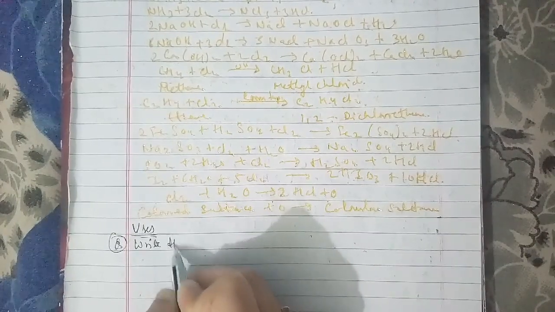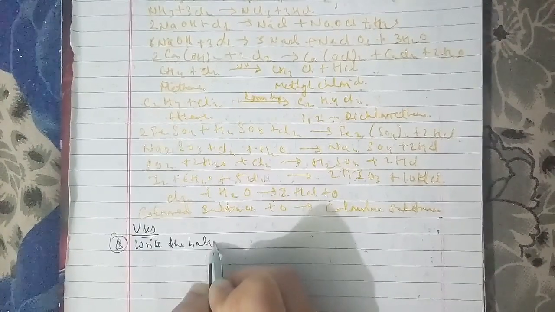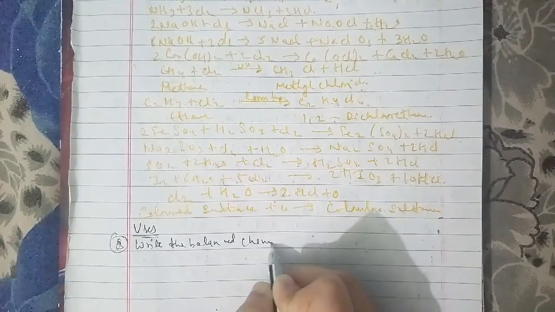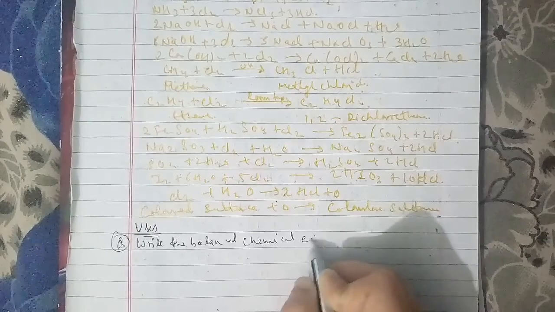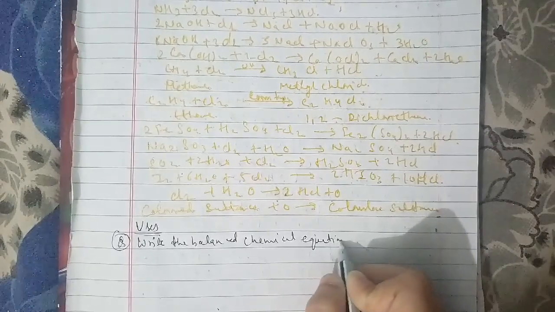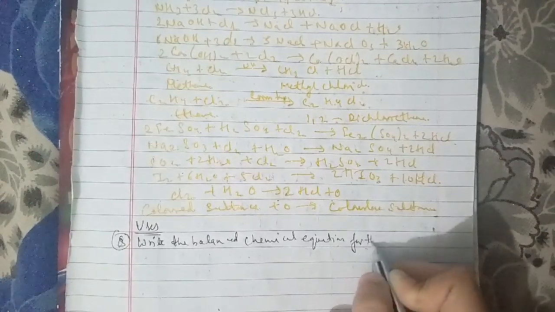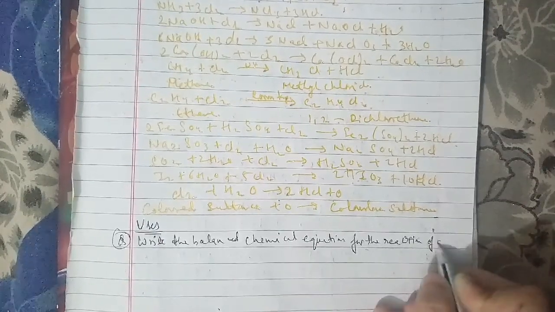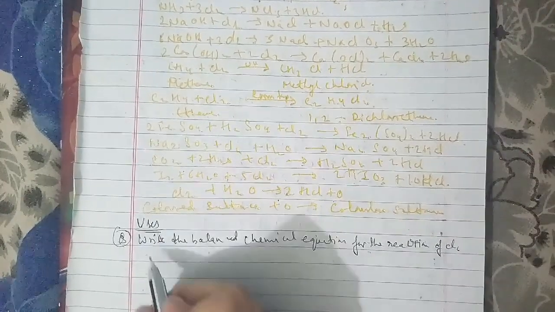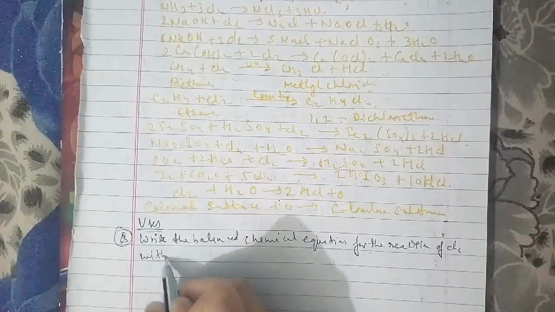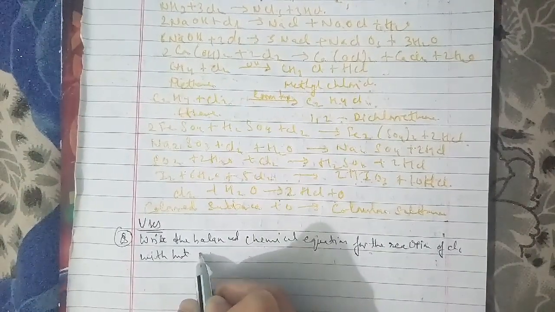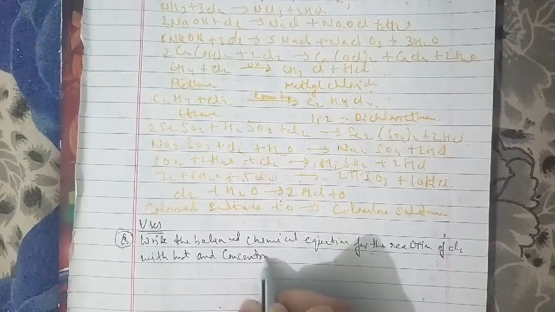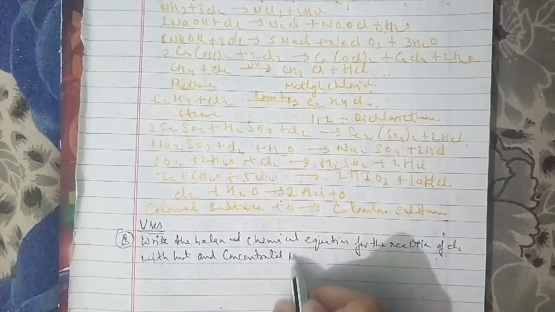Write the balanced chemical equation for the reaction of Cl2 with hot and concentrated NaOH.